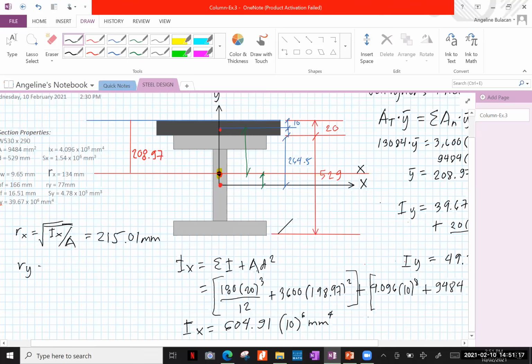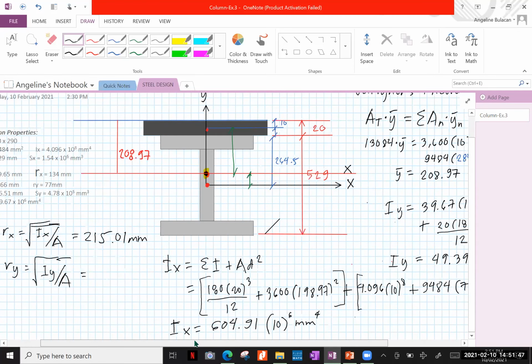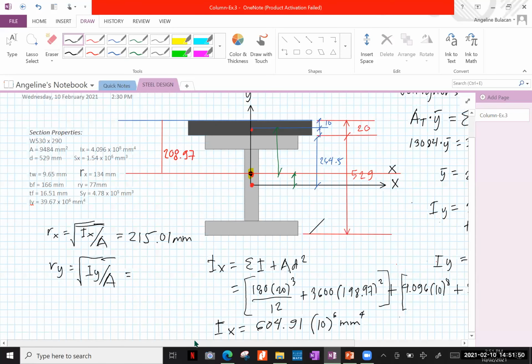Ry naman natin, square root of Iy over A, so square root of 49.39 times 10 raised to 6 all over the area, 13,084. So, yung Ry natin is mas maliit, 61.44.